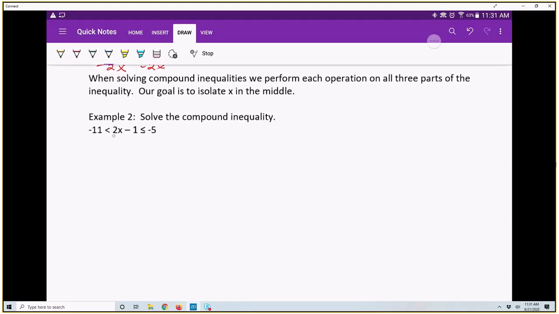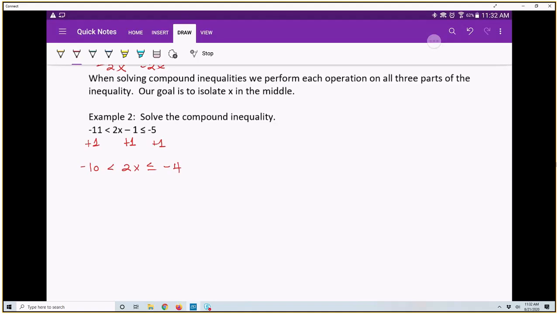So what we're actually working on is the middle term here, 2x minus 1. Whatever we do to it, we have to do on both sides. So I want to add 1 here because I'm trying to get x by itself isolated. That means I add 1 here and I add 1 here. So I have -10 is less than 2x is less than or equal to -4.